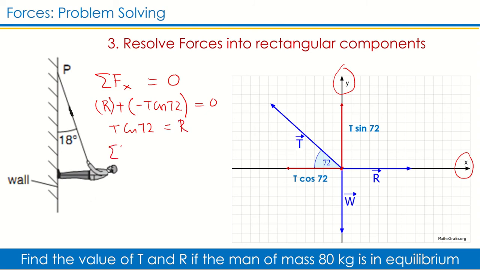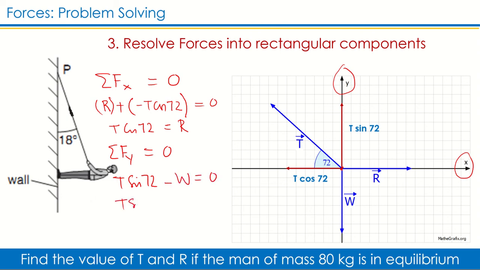Similarly, the sum of forces along the y direction equals 0. So I can write T sine 72 minus W equal to 0.